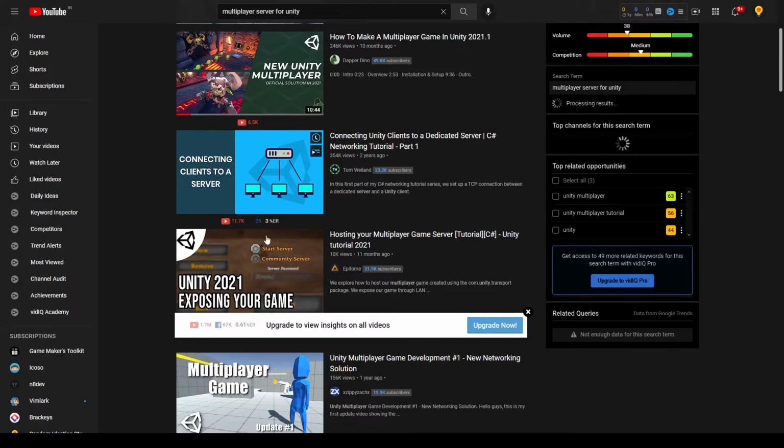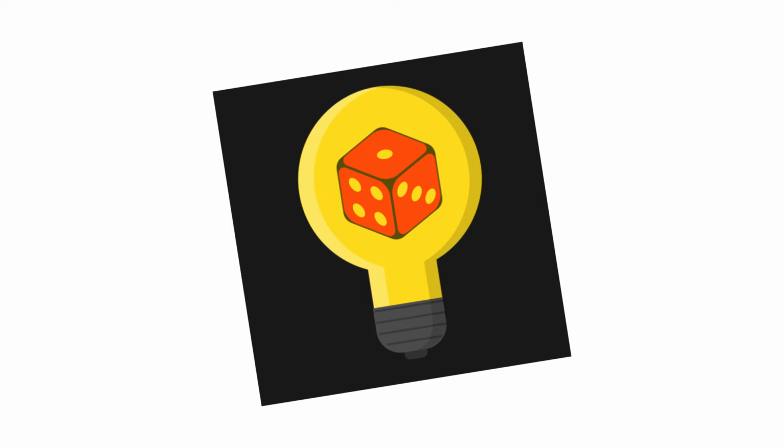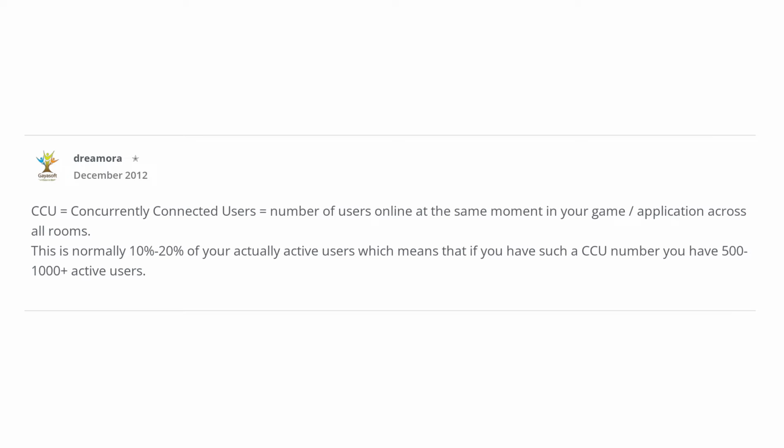There are a lot of options again, but I narrowed some things down. So first we need to learn the abbreviation CCU. It's nothing but concurrently connected users, and it means the number of users online at the same moment in your game or application across all rooms.